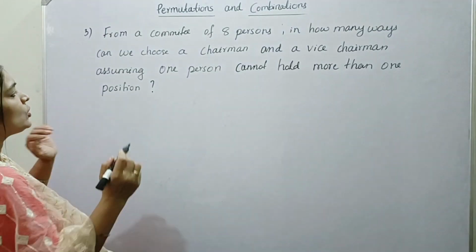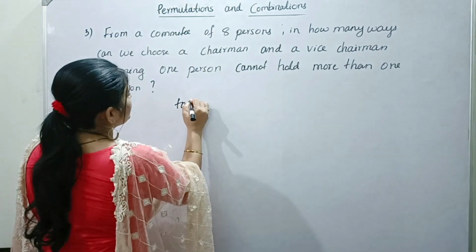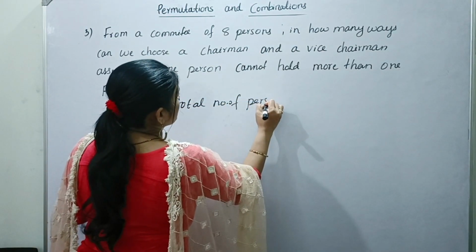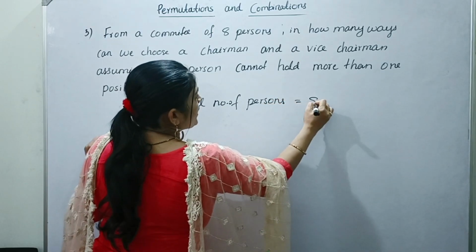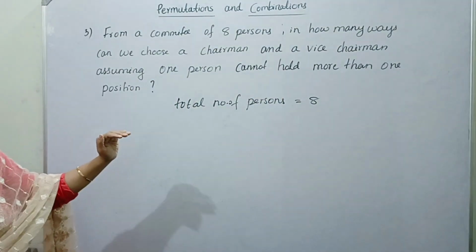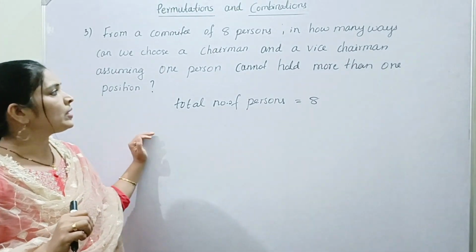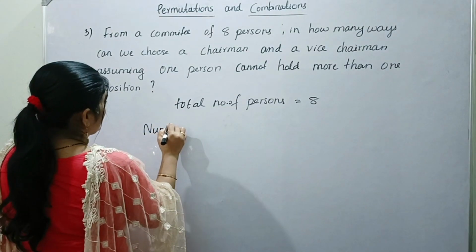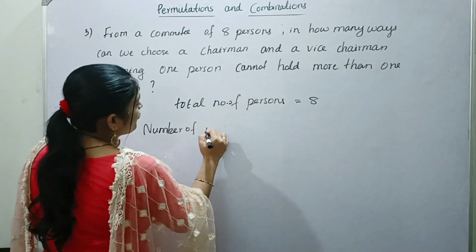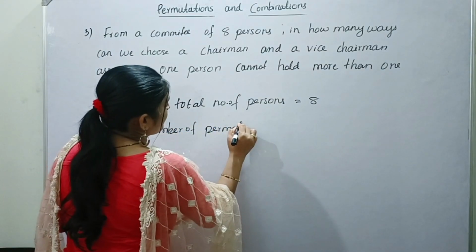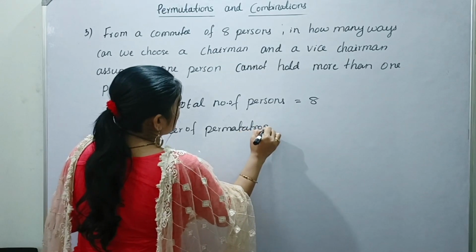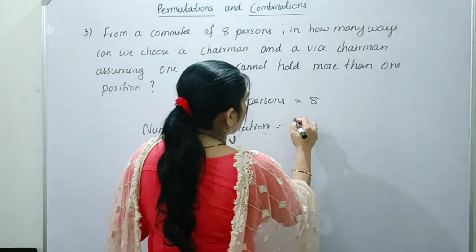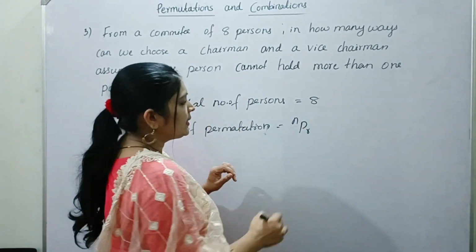So here the total number of persons is 8, right? And we have to choose 2 persons. Now, what is the number of permutations? Number of permutations is equal to nPr.